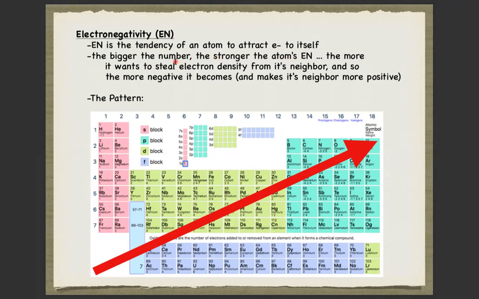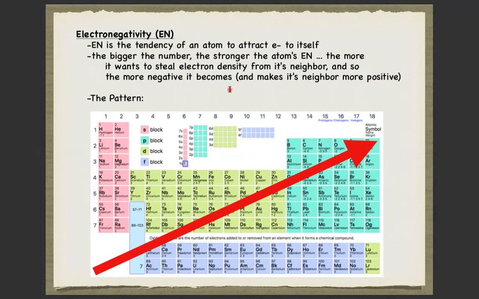So if there was an atom that had an electronegativity of 5, as opposed to, let's say, 3, then it would attract electrons very readily and probably be negatively charged. So basically, the bigger the electronegativity number, the more that atom wants to steal an electron or electron density from its neighboring atom. So it becomes more negative and its partner becomes more positive.